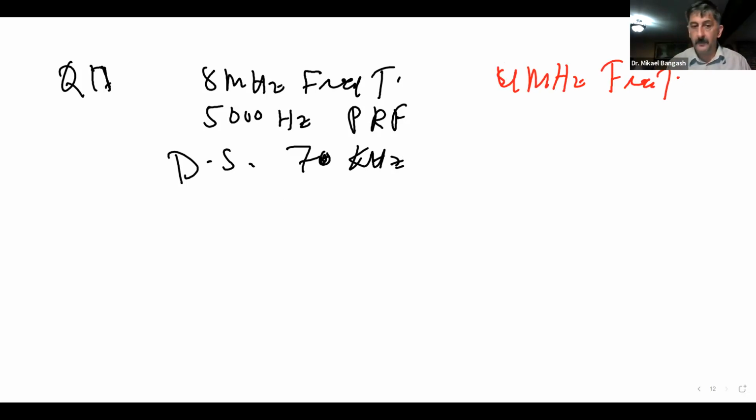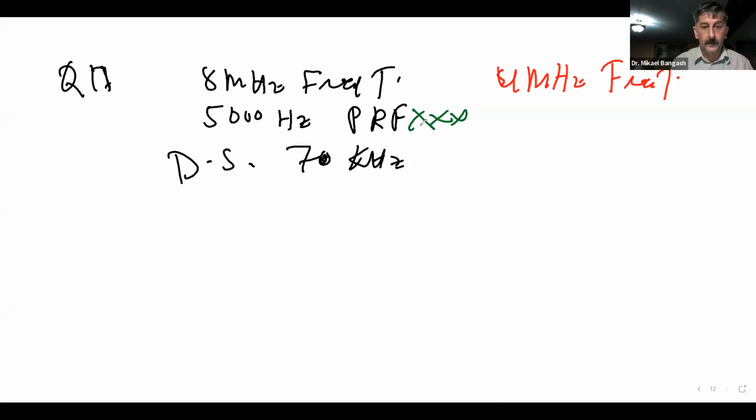What will be the Doppler shift measured? So here we can say this info here is really not what we needed.